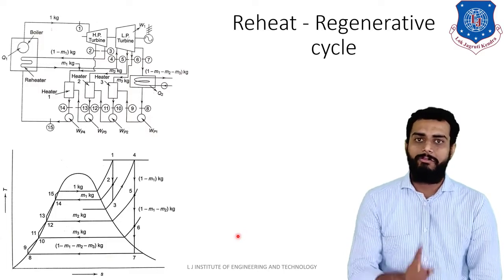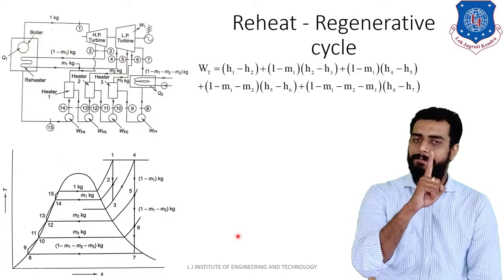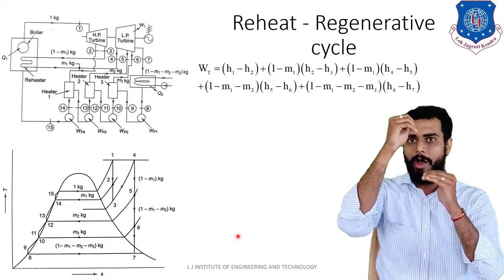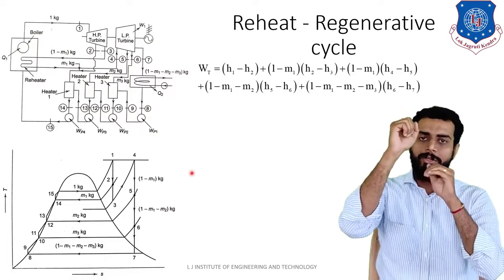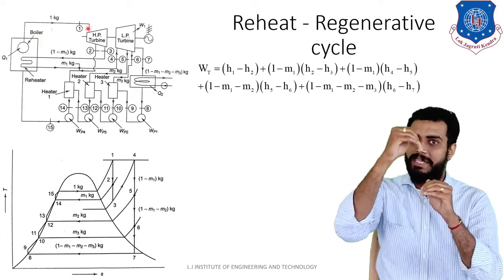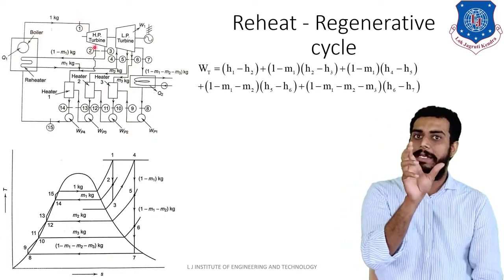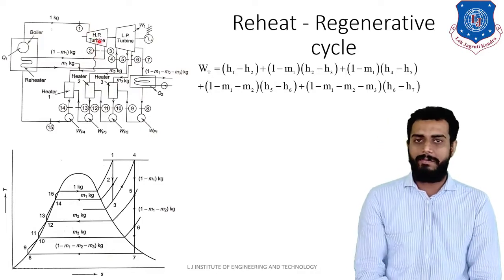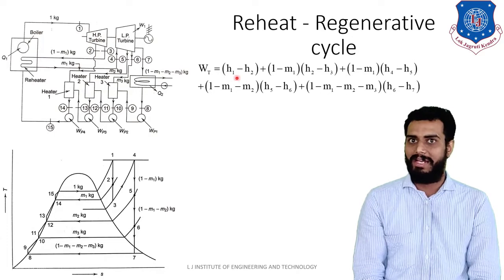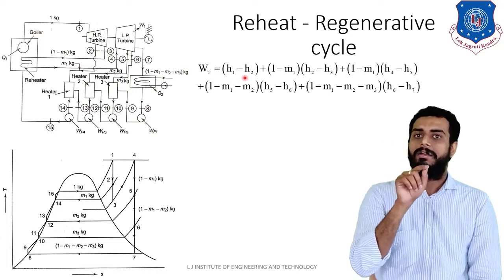As you can see, 1 kg of steam is expanded from point number 1 to 2. Observe the block diagram. In the block diagram, from 1 to 2 you have 1 kg of steam that is being expanded. So now you can directly take H1 minus H2 enthalpy. Clear? So that is our first term written for turbine work, that is H1 minus H2 plus.